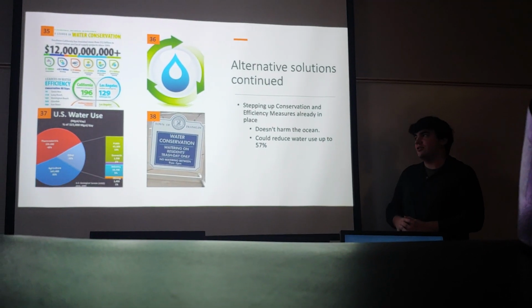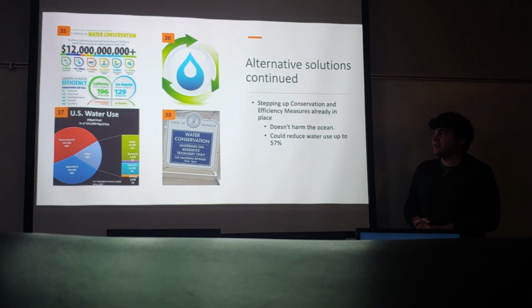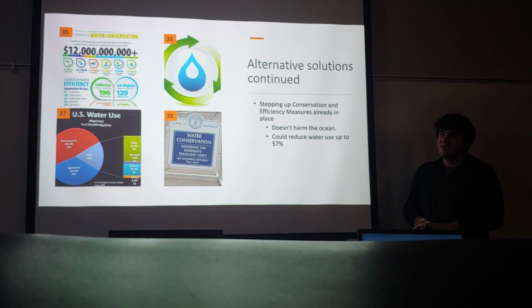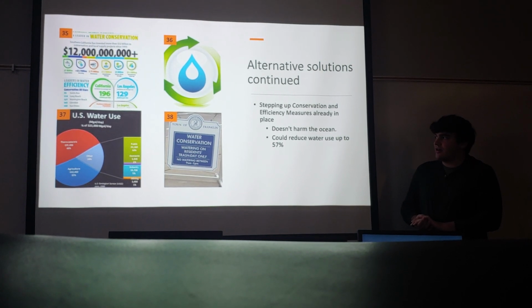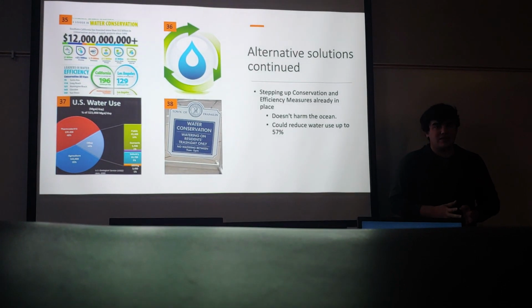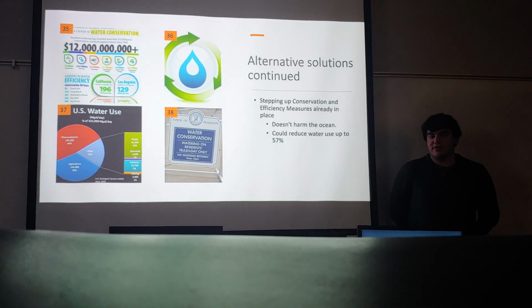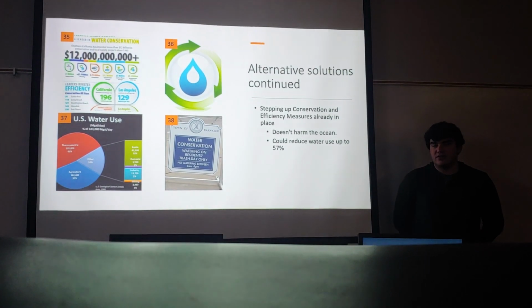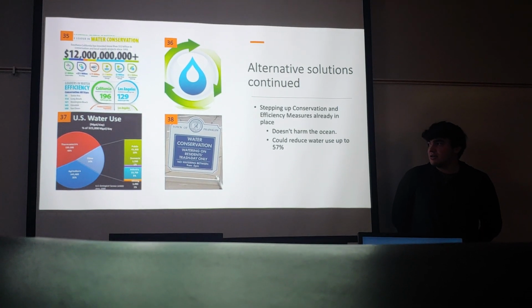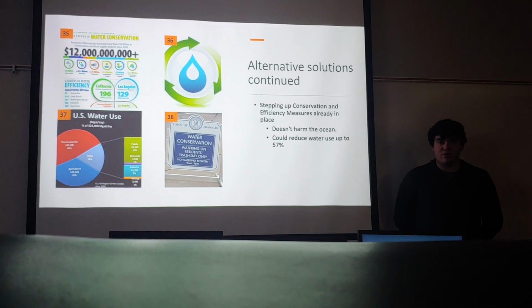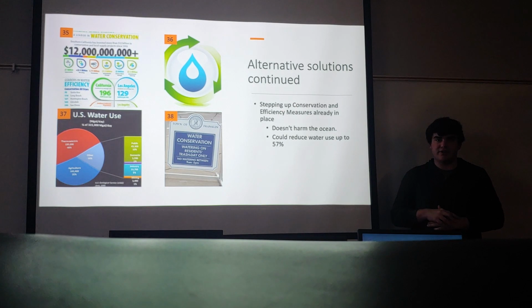Another alternative solution is stepping up our current conservation and efficiency measures that are already in place. This does not harm the ocean and could be relatively inexpensive to do, and studies show that it could reduce water use up to 57%.